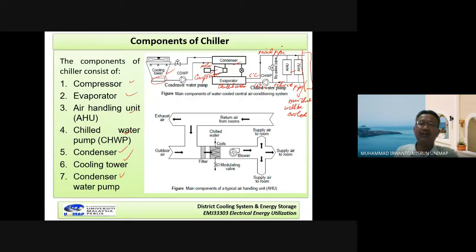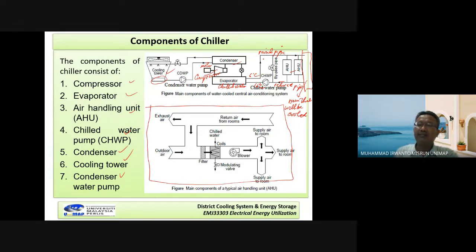This one is all the main components of one chiller. Now we want to look at the air handling unit, because here we just put the Block A air handling unit.